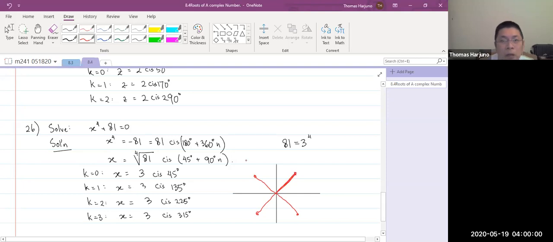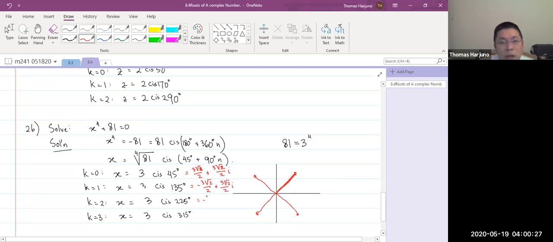Now let's see what the values will be. This is 3 radical 2 over 2 plus 3 radical 2 over 2 i. This will be negative 3 radical 2 over 2 plus 3 radical 2 over 2 i.